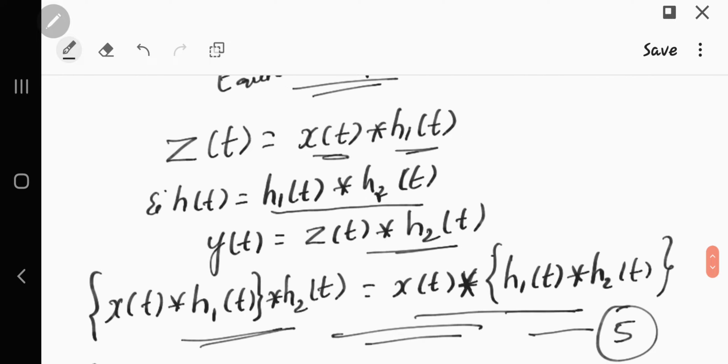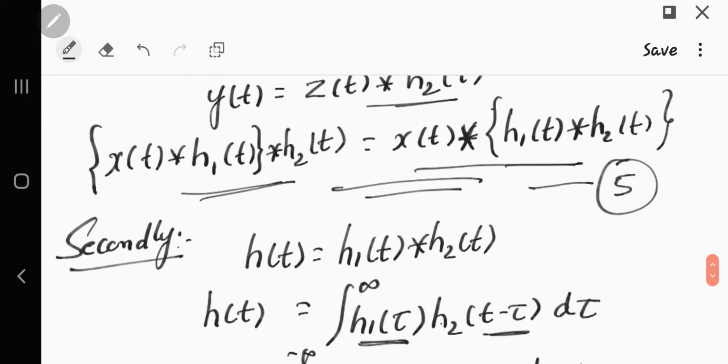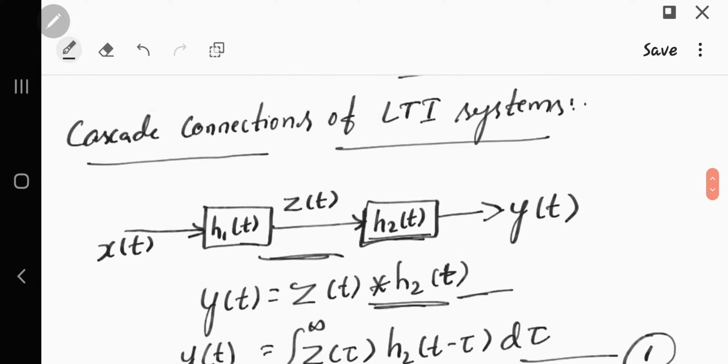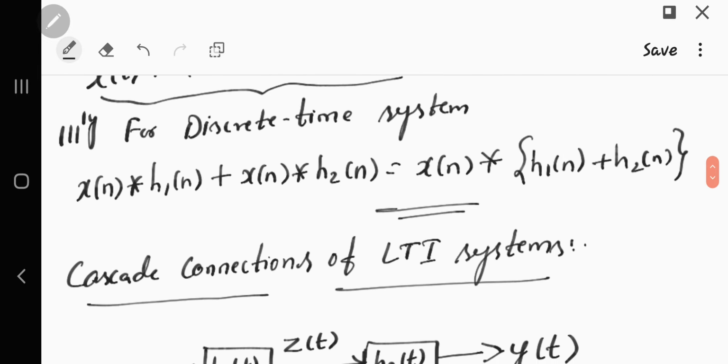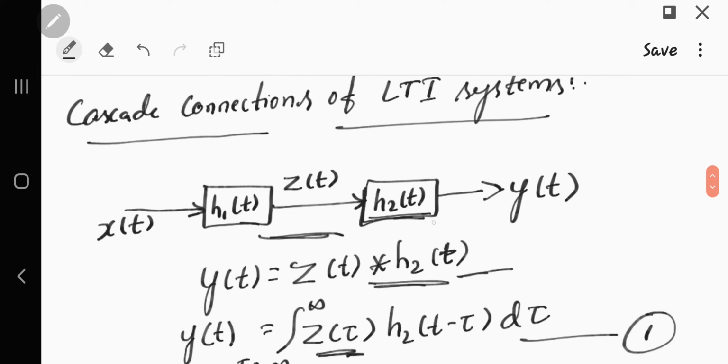So the first thing, from the cascade connection, we say that it possesses the associative property. Now we took the fact that h of t is the convolution of the individual impulse responses. It is not necessary that the order should be like h1 of t convolved with h2 of t. You can see that here we represented the cascade connection as h1 of t convolved with h2 of t. Even if you interchange this order, the output will be the same.